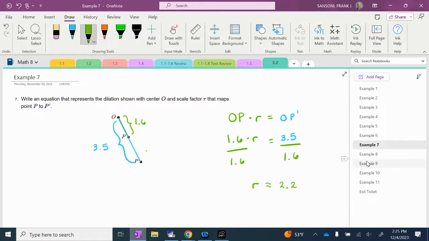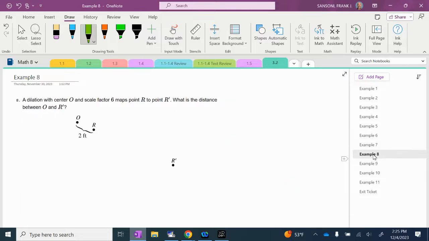So if we look at example 8, we know that OR times the scale factor will give you OR prime. Do we know what the length of OR is?